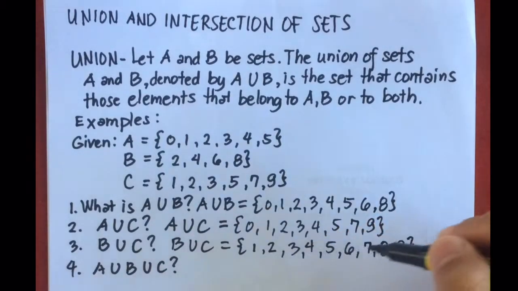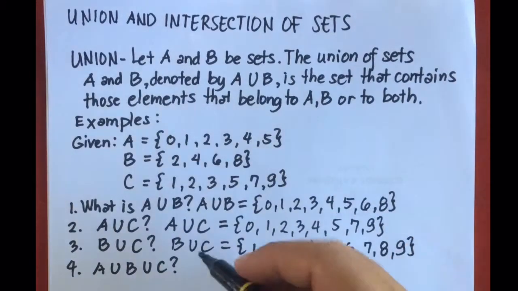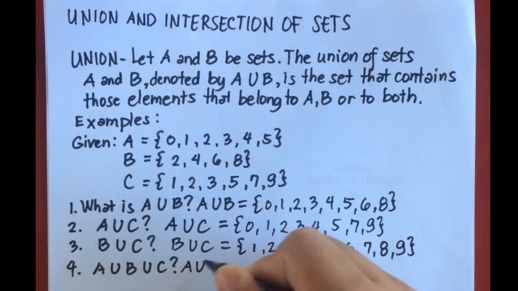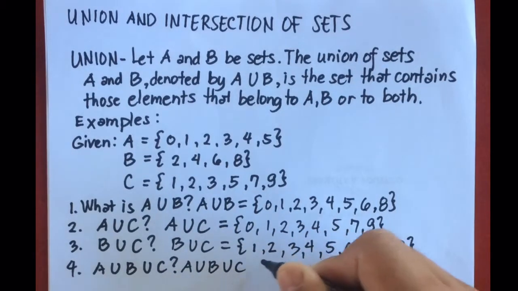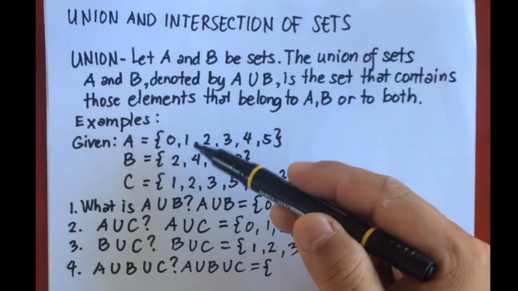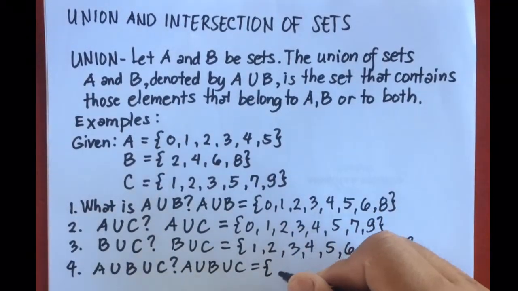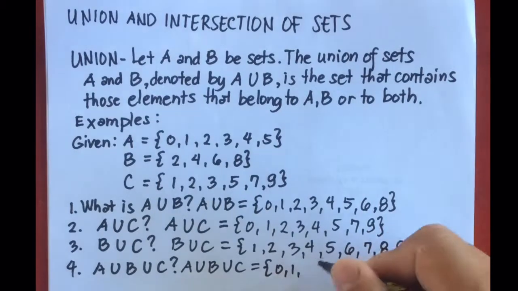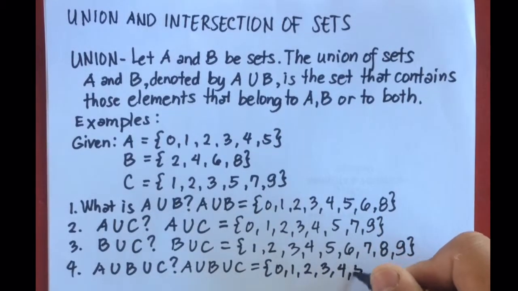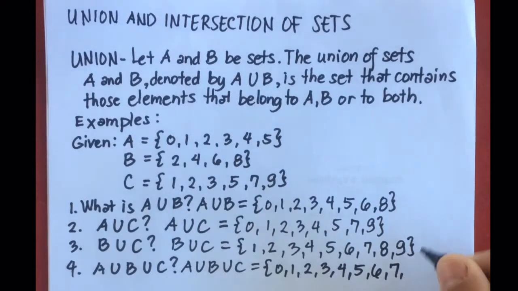So these are the elements found in B or C. Let's have A union B union C. So A union B union C will be equal to the set containing all the elements found in A, B, and C. So we're going to have 0, 1, 2, 3, 4, 5, 6, 7, then we have here 8, and last will be 9.